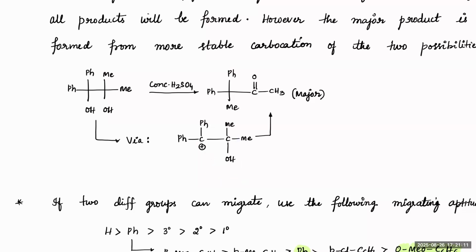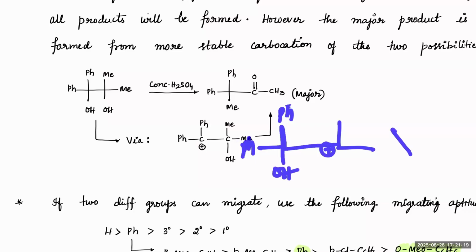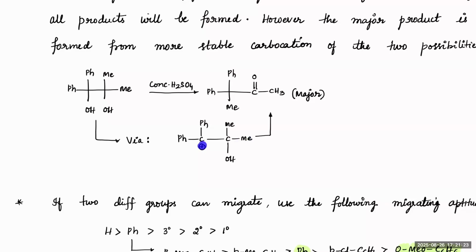But if I take positive charge on the methyl side, and this side I have phenyl, phenyl, and OH, then this kind of formation is not observed because on the phenyl side the carbocation is much more stable. So you should always go with the more stable carbocation side, and from there you decide what is the major product.